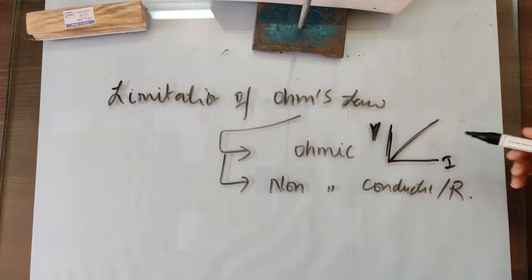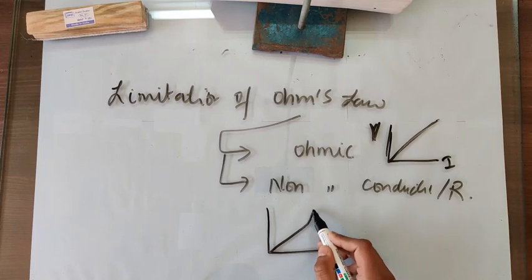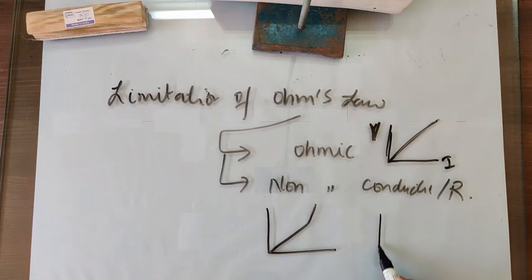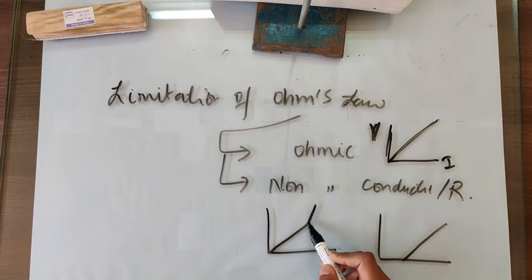In this situation, the graph is sometimes like this, sometimes like this. At higher temperature, these metallic conductors don't follow Ohm's law.